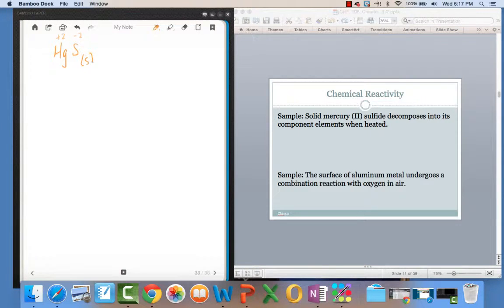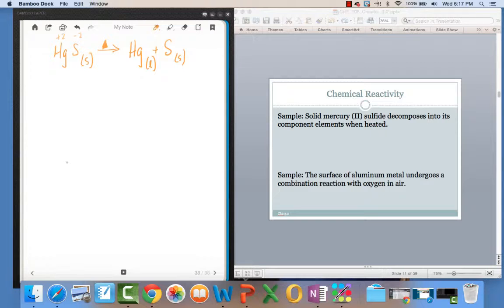Decomposes means my arrow, into its components when heated, so I know there's heat here. Its components are Hg and S, and mercury we know is a liquid at room temp, and sulfur would be a solid.